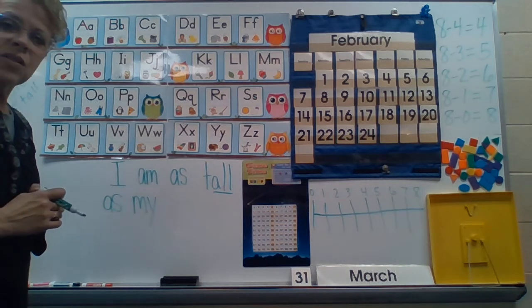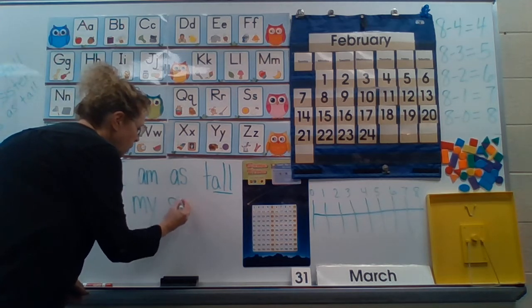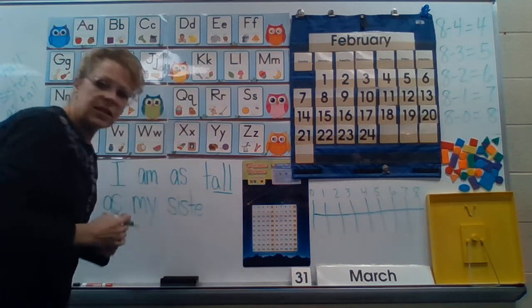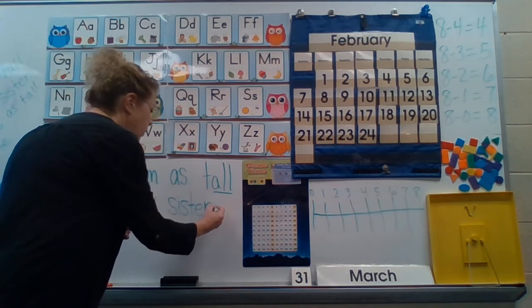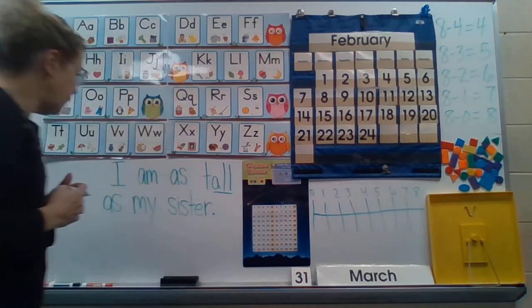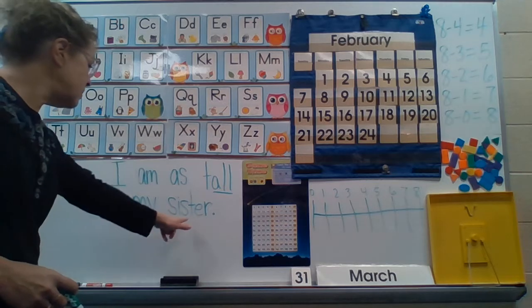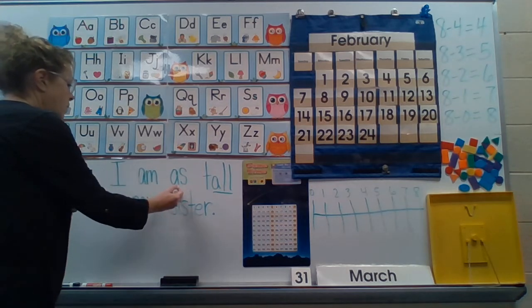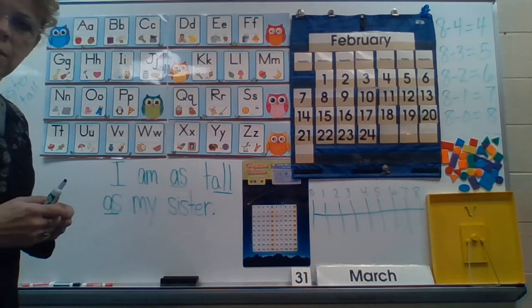What does sister start with? What do you hear at the end of sister? Sister, I hear R. I'm going to put a period there. I am as tall as my sister. I used my sight word as 2 times because when you're comparing that's how it works.